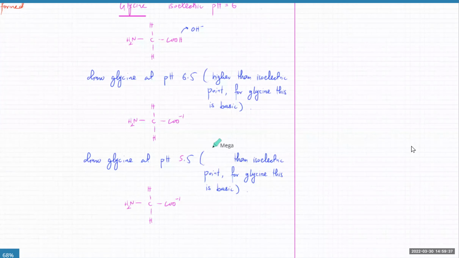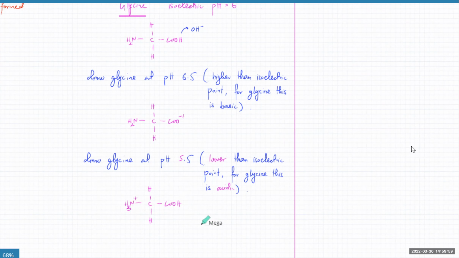So from the point of view of glycine, the medium is acidic now. In acidic medium there are going to be too many H+ ions. So the carboxylic acid would not be able to lose. Instead, the amine would actually end up gaining H+ ions.